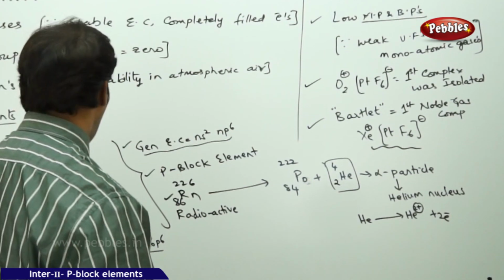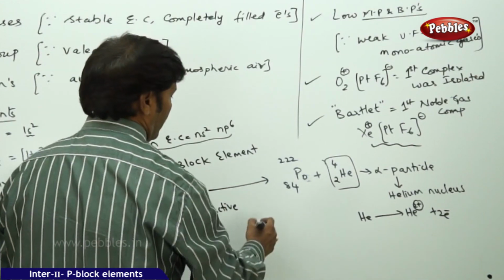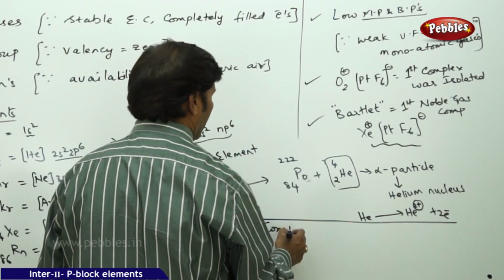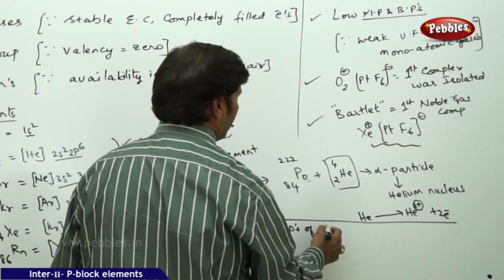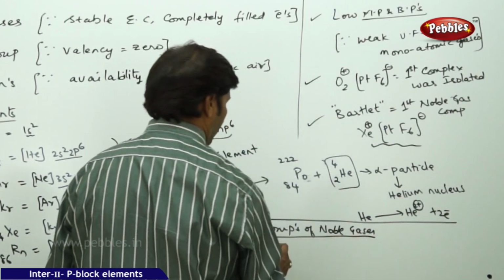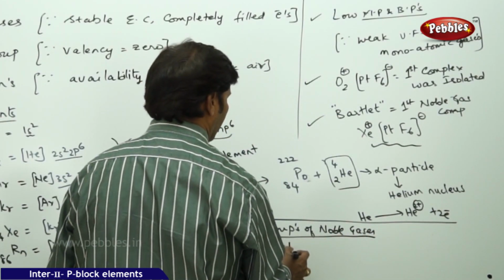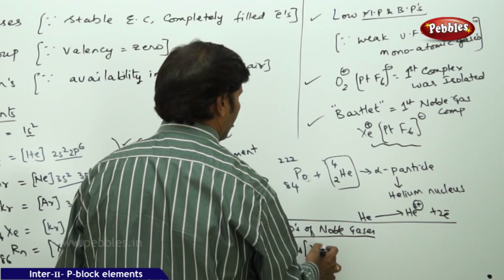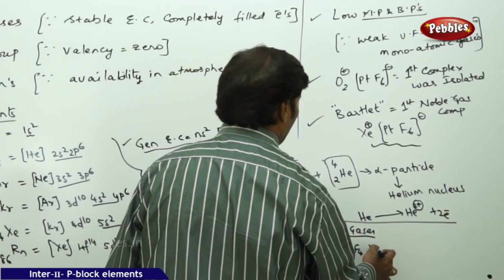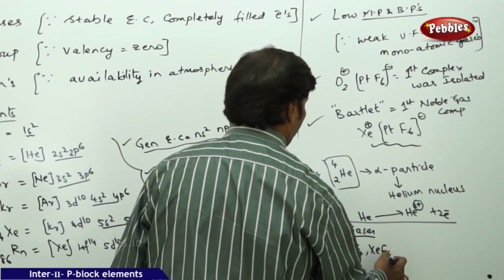If we go for the compounds of noble gas elements, here particularly we should be concerned about the compounds of noble gases. One group is halides: xenon difluoride, xenon tetrafluoride and xenon hexafluoride.